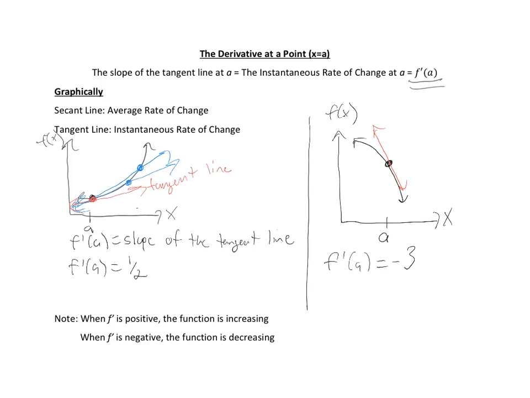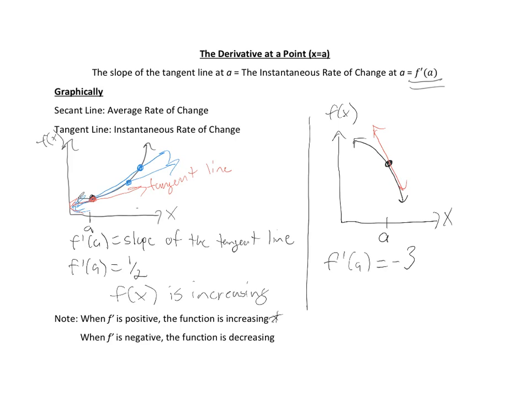And so there's an important idea here. If you look at this graph on the left, f of x is increasing. Whenever the function is increasing, the derivative must be positive. So that's what this important note is here. If the function is increasing, the derivative is positive.